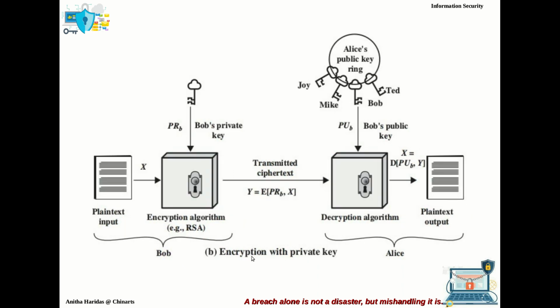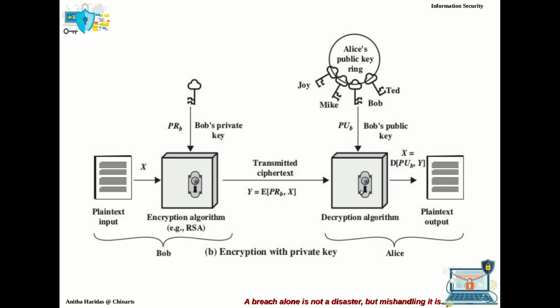The same we can do with the private key also. The encryption with the private key. Here what happens? Bob will be generating the keys. Both private as well as public keys will be generated by Bob. And Bob will be encrypting the plain text, right? So the plain text will be encrypted using the private key of Bob, and the ciphertext will be transmitted.